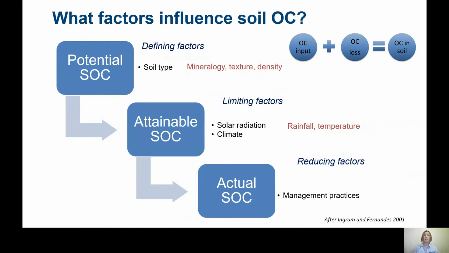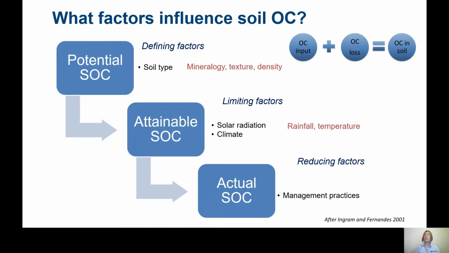So what factors influence carbon? We have an upper level, or a potential carbon, that we can strive for, and this is largely determined by the soil type. In reality, this is the texture, so the amount of sand or clay and silt in these soils.